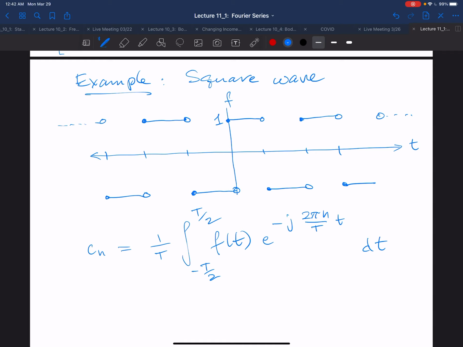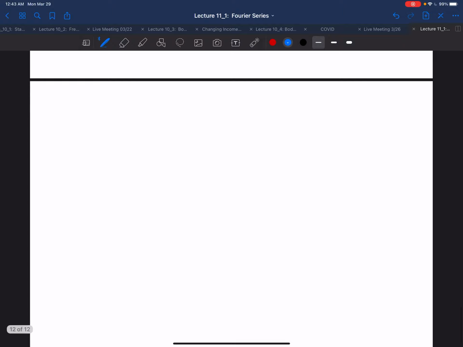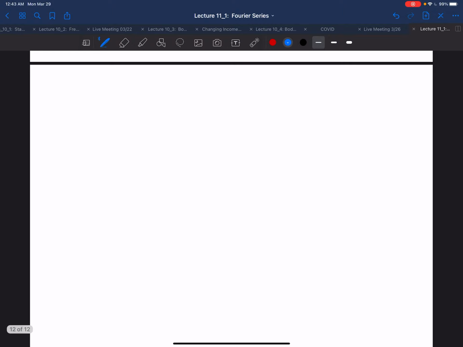Now, I don't think I'll go through all the calculations which are given in the notes. I think I'll just write down the results. It might be tedious to go through all of that calculus and algebra. You just have to be careful to distinguish two cases when you're doing your integration.